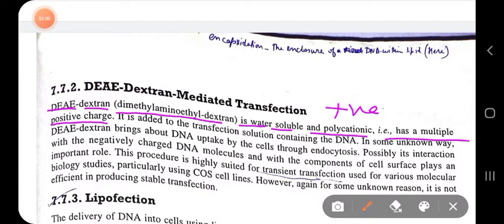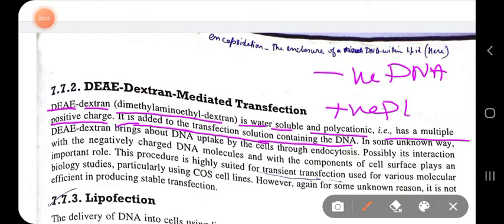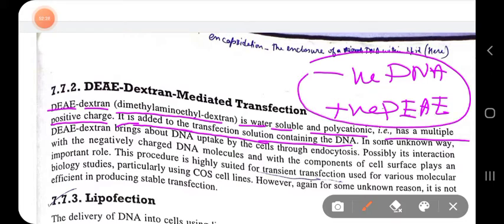This diethyl aminoethyl dextran is added to the transfection solution containing the DNA. We all know DNA is negatively charged, and that DNA binds to the positively charged DEAE.